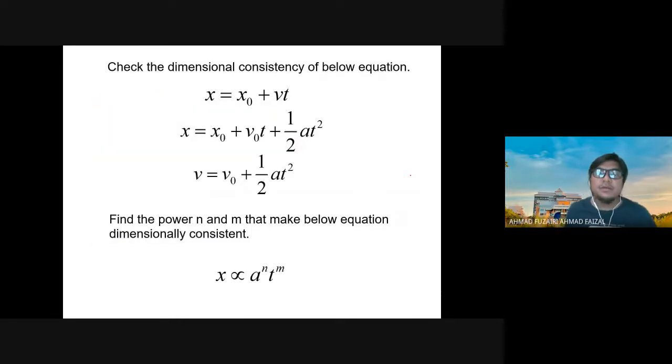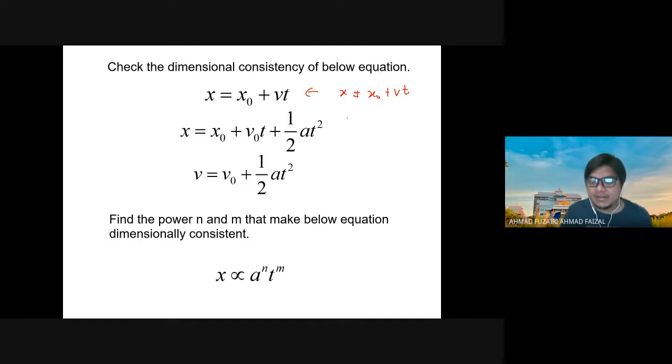Okay, so this one. For example, I'll show you this equation first. This is x equals x naught plus vt. x in your case is the displacement, where v is the velocity and t is time, right?